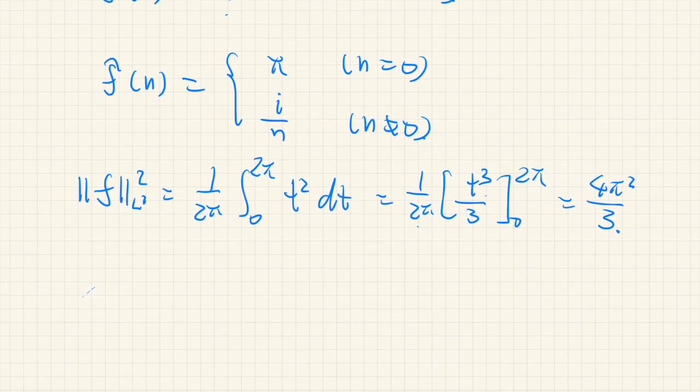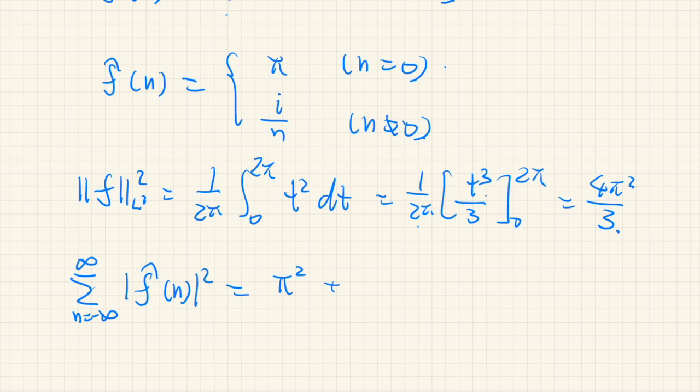On the other hand, the sum from negative infinity to positive infinity of the absolute value of the Fourier coefficient squared. So when n is equal to 0, it's pi, so we take this pi squared out.